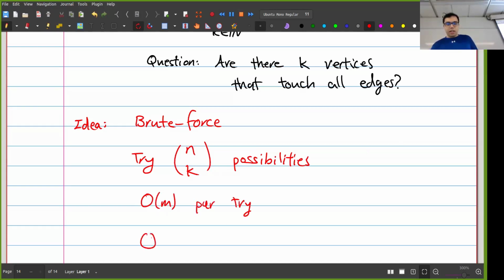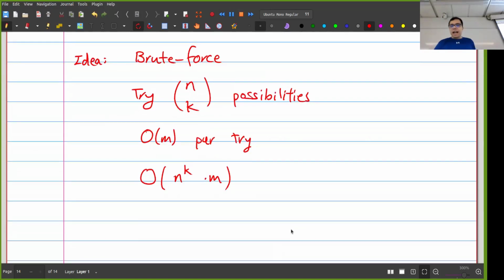So my total runtime is going to be O(n choose k times m), and n choose k is basically n to the power of k up to some constant, let's say, because I'm assuming that k is small again. So this is the runtime that I'm getting. I'm getting O(n^k times m). And if I want to be even sloppier than this, I can say this is O(n^(k+2)), because m can be at most n squared.